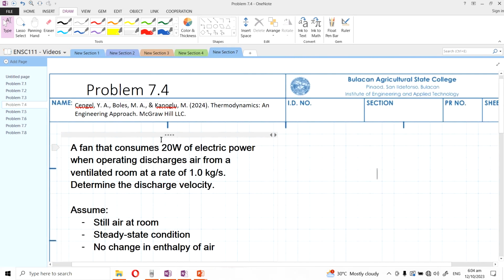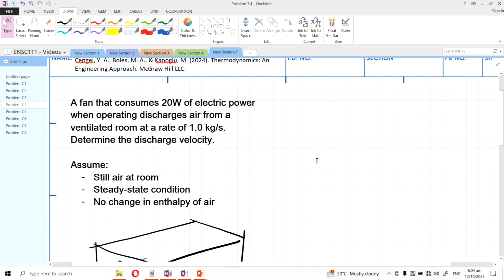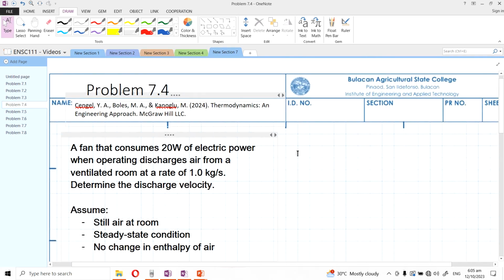Right, so actually this problem is taken from one of our reference texts, the latest edition by Cengel et al., copyright date 2024. We have a hard copy for that.